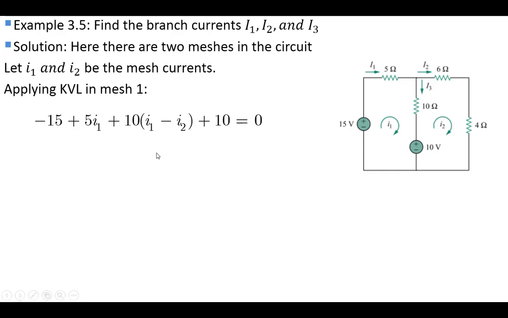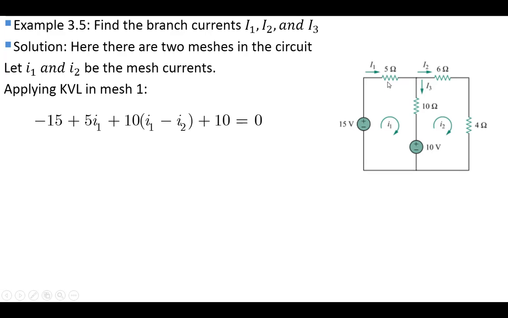Again, there are two important observations for the resistance to be kept in mind. A resistance could be independent in a loop or mesh, or a resistance could be common between two meshes. Just like the 5 ohm resistance is independent and is present only in mesh number 1, but the 10 ohm resistance is shared between I1 and I2, or it is common between mesh number 1 and mesh number 2.